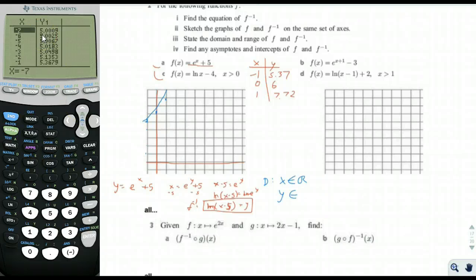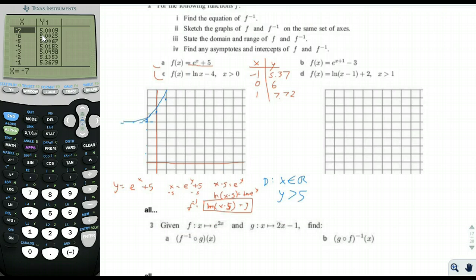Looks like it's 5, right? Does that make sense? Because for e to the x, the smallest it's going to be is very close to 0. So the range is going to be that 0 plus 5. So that makes sense, right? So y is actually going to be any number greater than 5. Okay, so actually the asymptote is at 1, 2, 3, 4, 5. It's going to be right there.